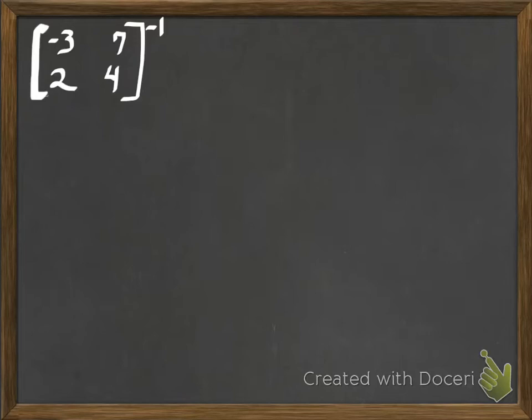So the way you will do this is you will do 1 over the determinant, and I'm just going to call it DET for determinant because I haven't named that matrix. And so let's go ahead and find the determinant just so we can have that for the next step.